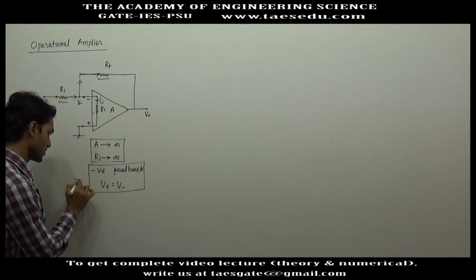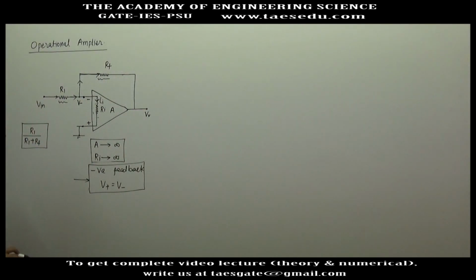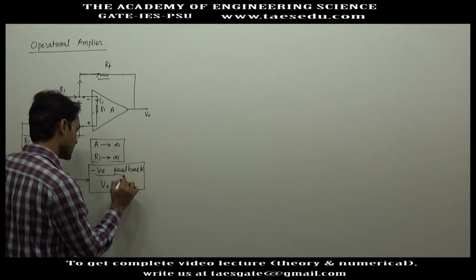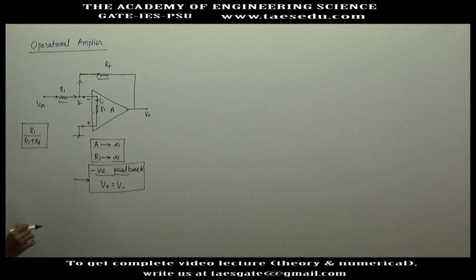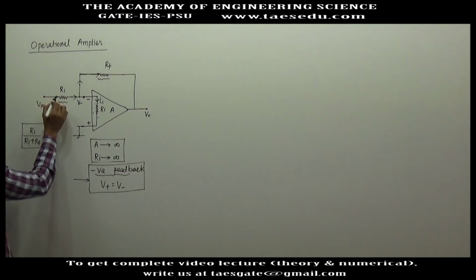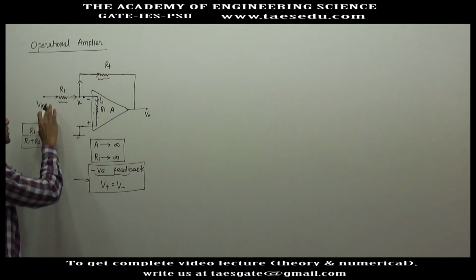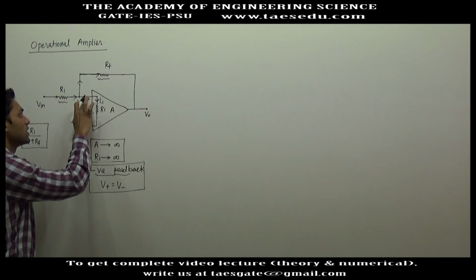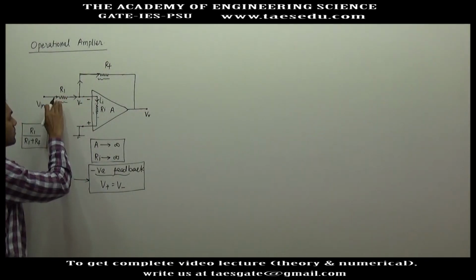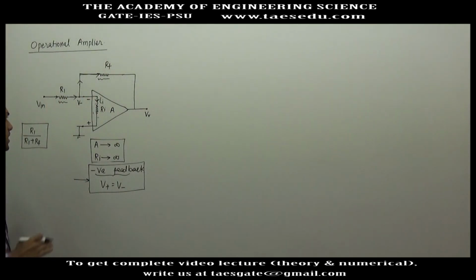The concept is this much only. What is necessary? It should be negative feedback. It doesn't matter where you have given the input voltage. This input voltage may be at the inverting input, and it may also be at the non-inverting input.